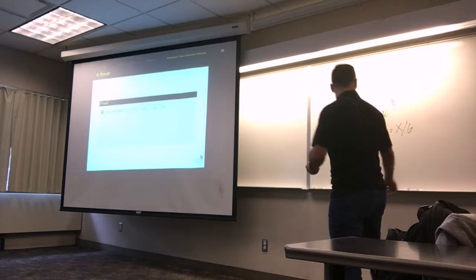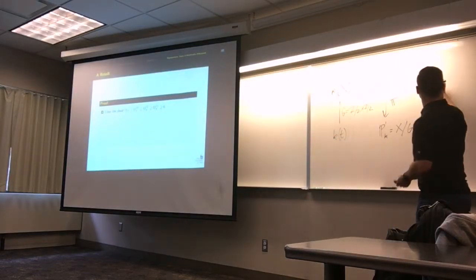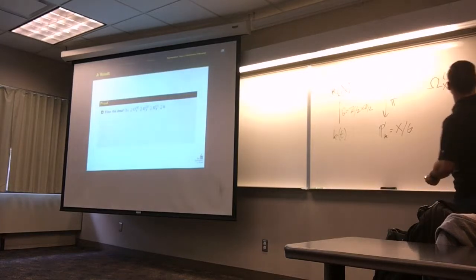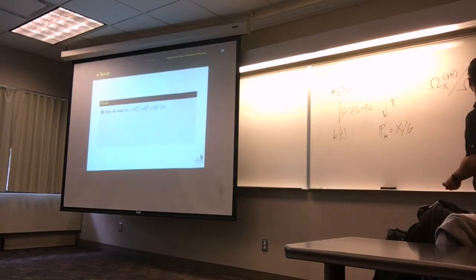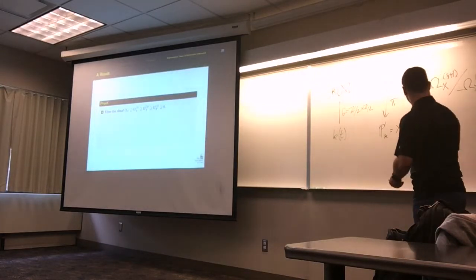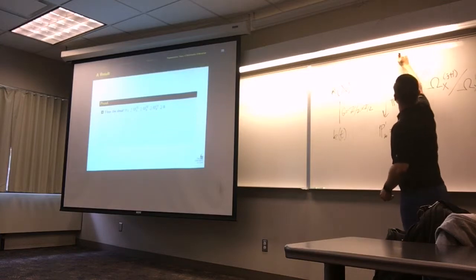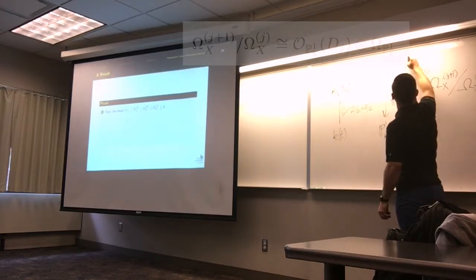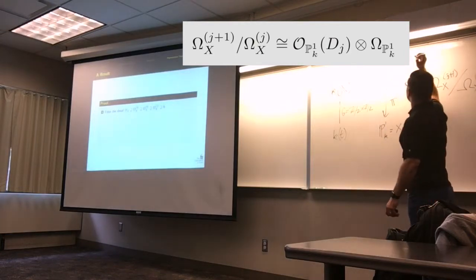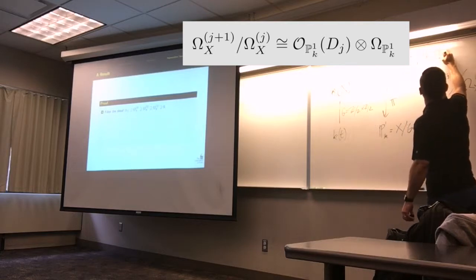And it turns out that these quotient sheaves are isomorphic to the tensor product of a line bundle, O_P1(d_j), if you know what a line bundle is, tensored with omega P1.